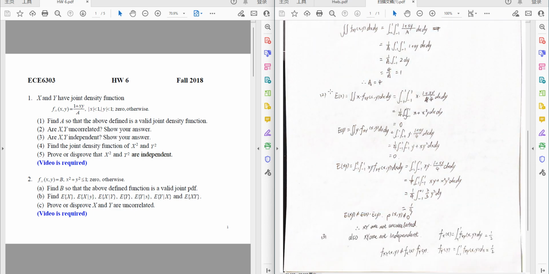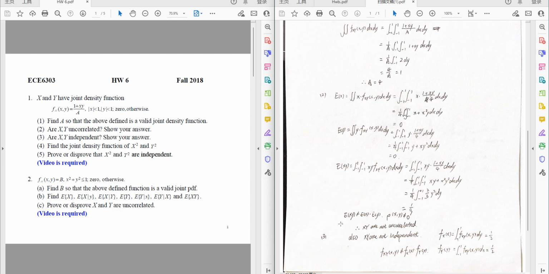So we first calculate these values, and we got that the expectation of x is 0, of y is 0, but the expectation of the product of x and y is not 0, it is 1/9.